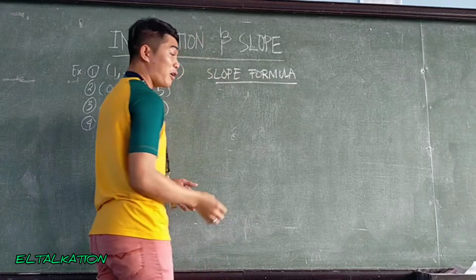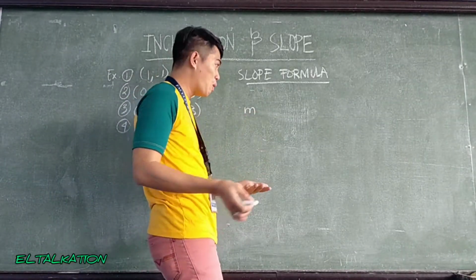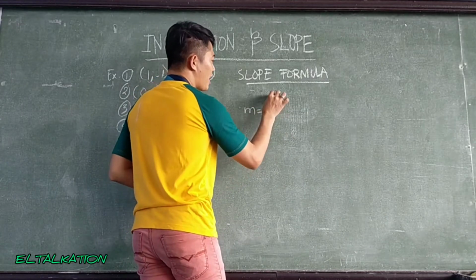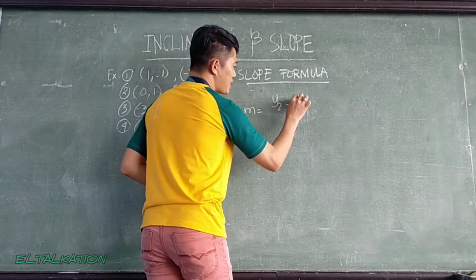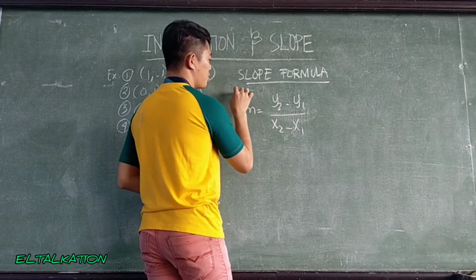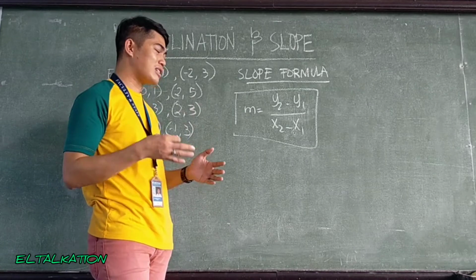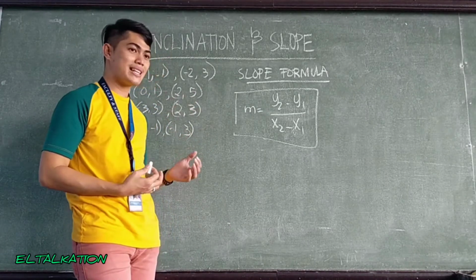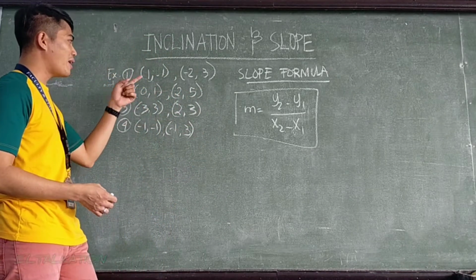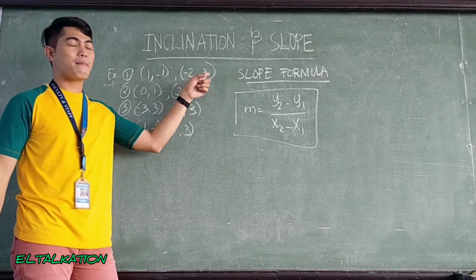The slope formula states that m, which represents the slope, is equal to y sub 2 minus y sub 1 all over x sub 2 minus x sub 1. So please do take note of this formula as we can use this one in our example. For example number 1, we have 1, positive 1, negative 1, negative 2, and positive 3.